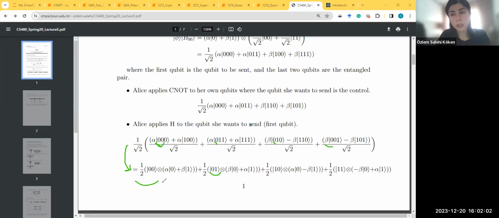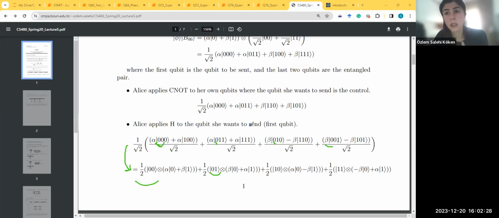And why would we like to separate the first two qubit state from the third qubit state? Because the first qubits are Asya's qubits and the last qubit is Balvis's qubit, remember. And now at this stage, if you look at this quantum state, you can see what Asya will observe if she makes a measurement, right?